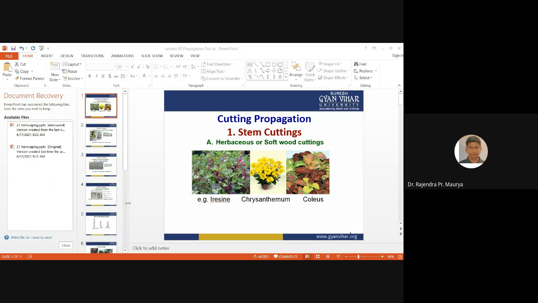Softwood cuttings and herbaceous cuttings are useful for herbaceous plants. So if we take examples, in case of hardwood cuttings, grape, fig, or for semi-hardwood cuttings, pomegranate are the best examples.